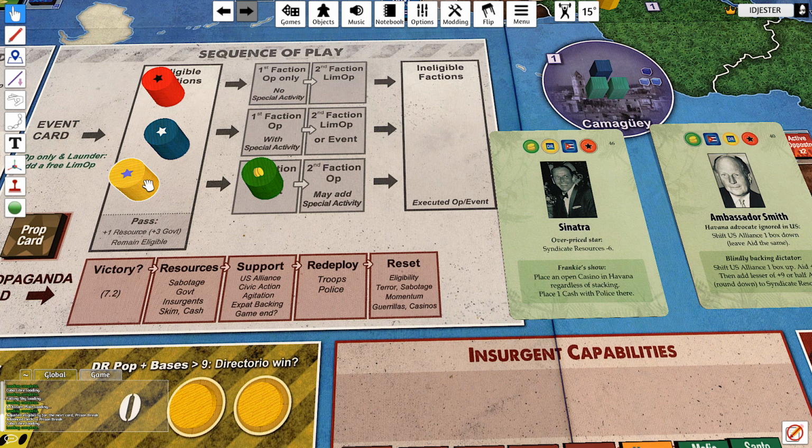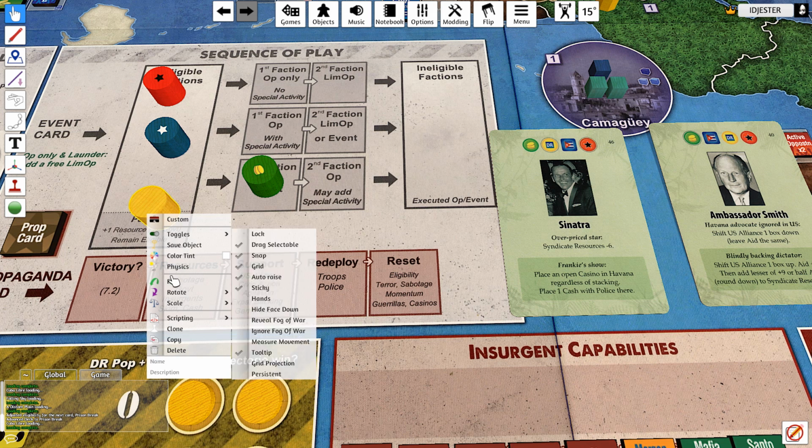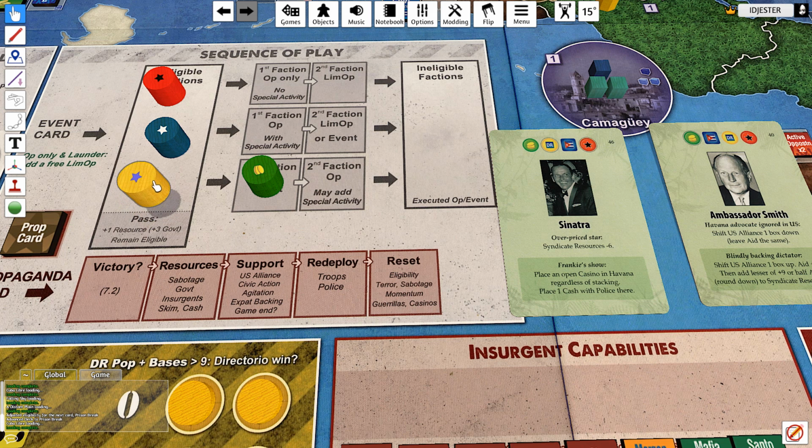So the yellow player can either pass, or he can go here, or he looks at the next card and sees where am I going to possibly go on the next card? Is yellow first? Is yellow second? Is yellow third? So the yellow player, let's flip that over, kind of knows, well, he's going to be second player in this card.